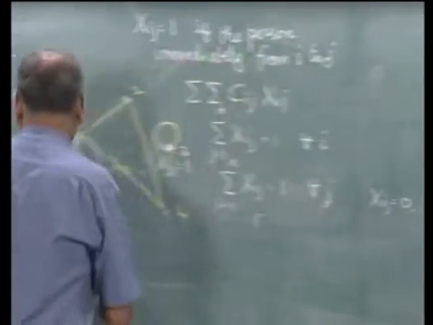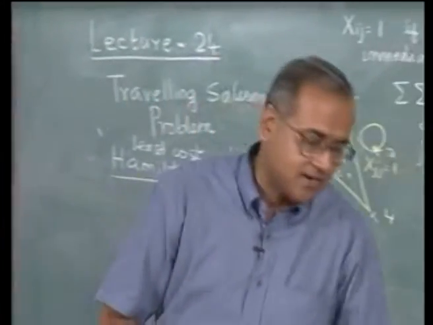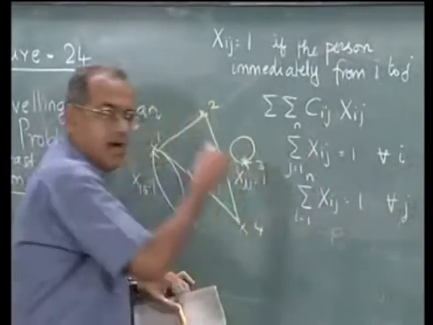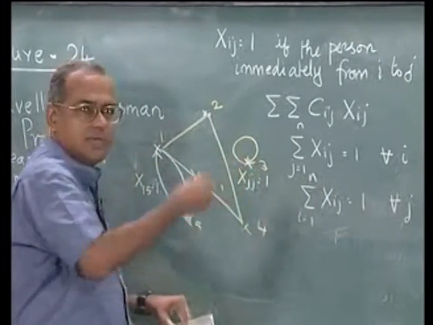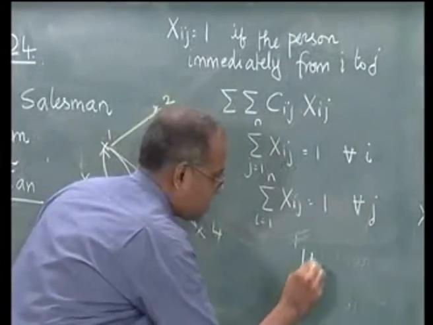Now, much later people came up with a very interesting form of a subtour elimination constraint, and we will look at it that way. Instead of explicitly avoiding subtours of length 2, 3 etc. up to n minus 1, this kind of a constraint was used.